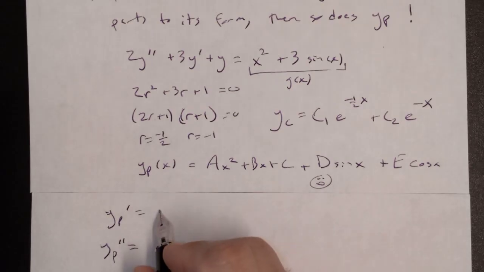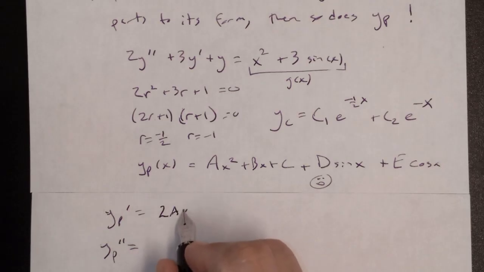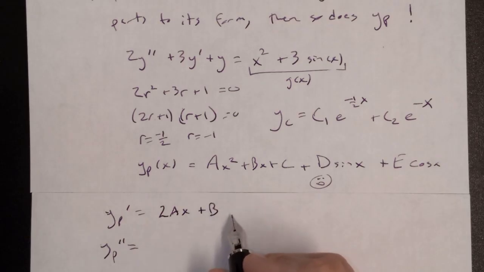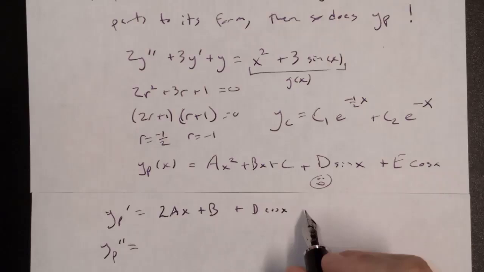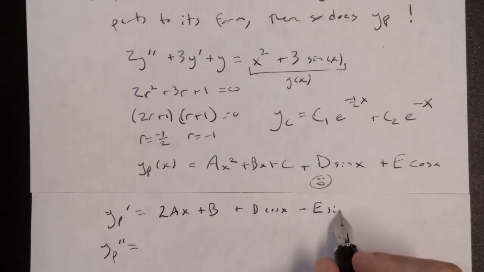Derivative of ax squared. Derivative of bx. Derivative of constant c. Derivative of d sine x. Derivative of e cosine x. Aha, I've got to remember the sign change here.